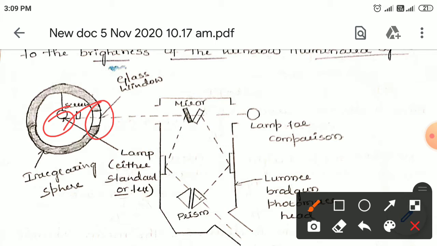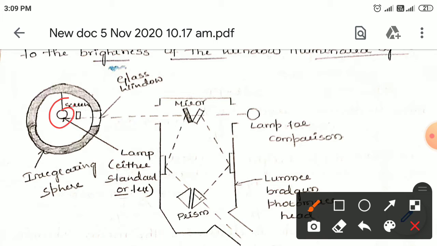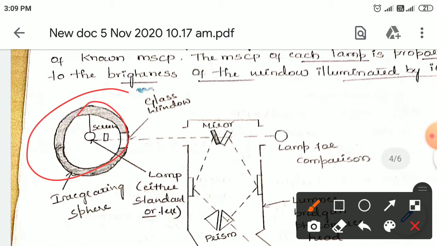After that, the test lamp is removed, and then a substandard lamp of known MSCP is placed. Known means you know the MSCP of that particular lamp. Initially we placed the lamp with unknown MSCP and measured the brightness of the window.